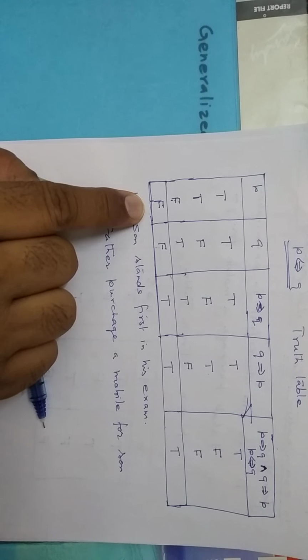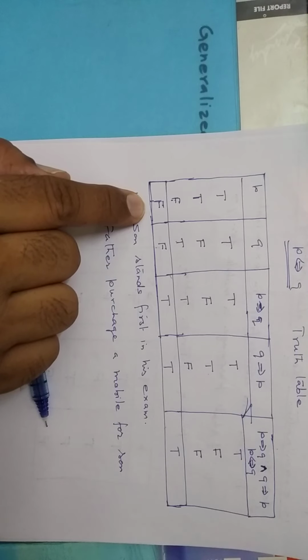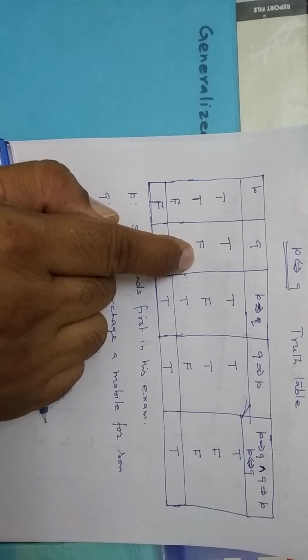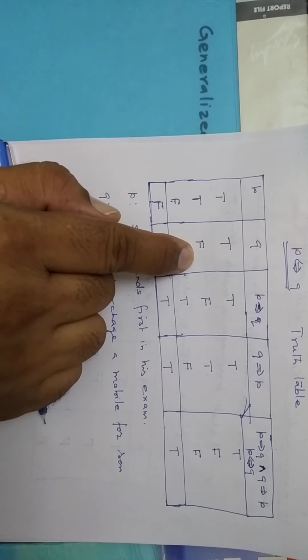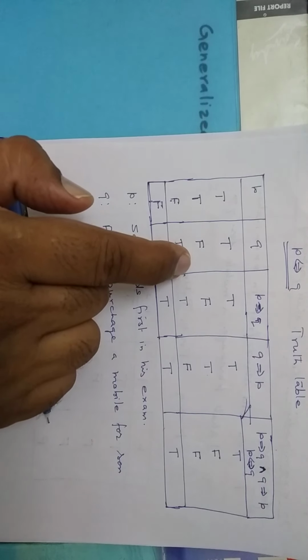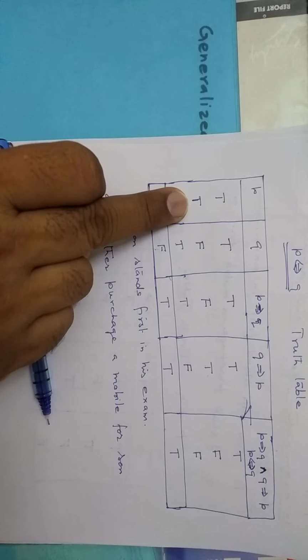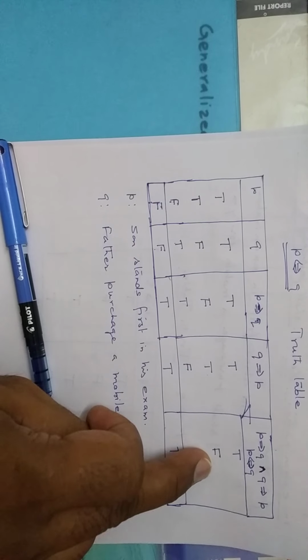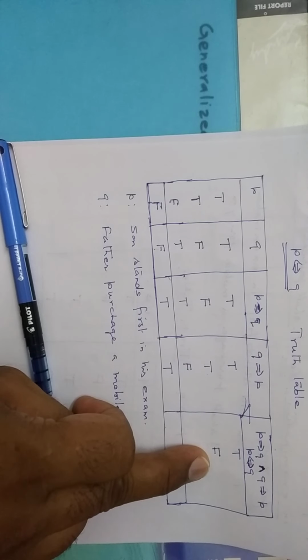Here both are false. In this row, P is true, Q is false. If P then Q and Q then P have opposite values, so the result will be false.